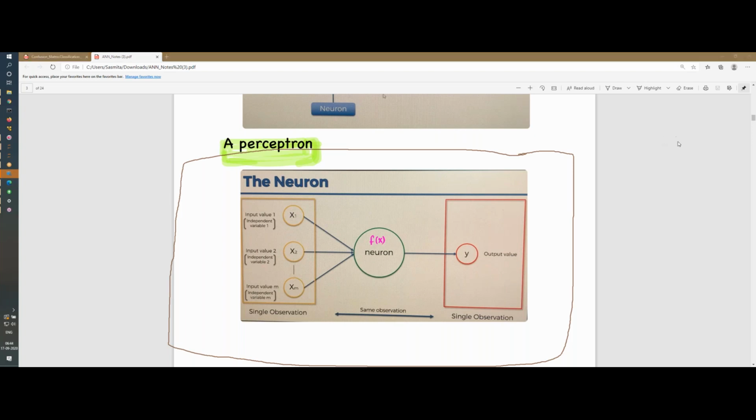Let us understand this with a real-time example. Let's say I am predicting house price. So x1, x2, x3 are nothing but features, the input values. Let's say I have three features. First is the square feet of the house. Second is the number of rooms, number of bedrooms.